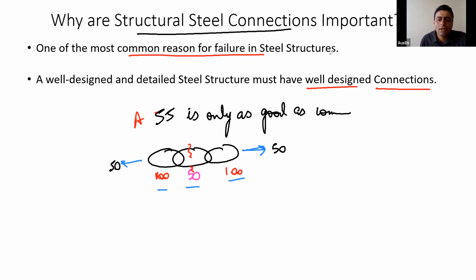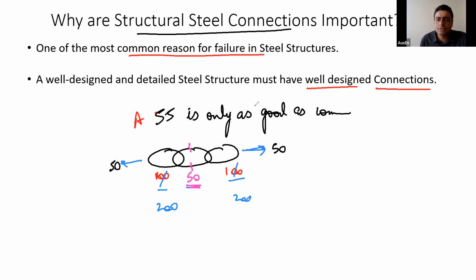Now, if I have to enhance the capacity of this chain as a whole, let's say instead of 100, if I make it 200, will the capacity be enhanced? Of course it will not be enhanced, because the failure still happens at the weakest link, and the capacity of the weakest link is still 50.